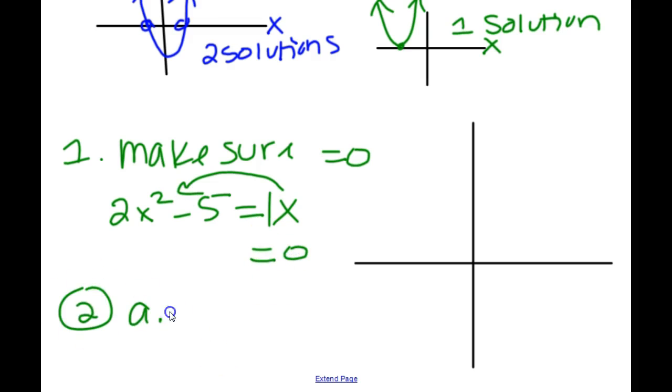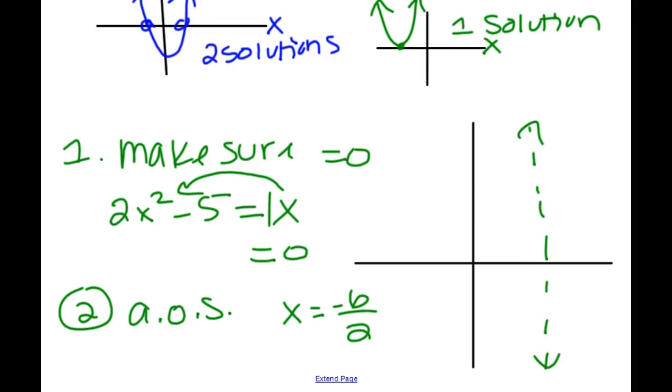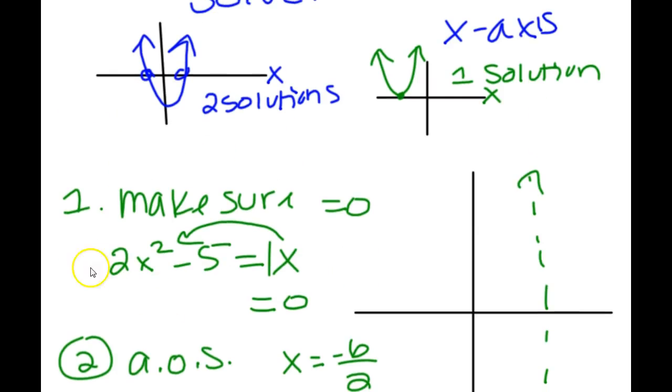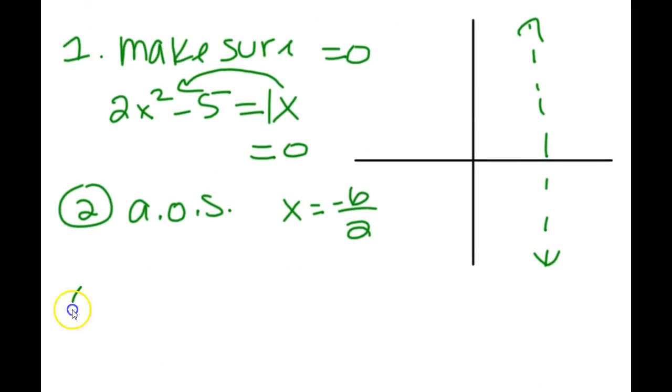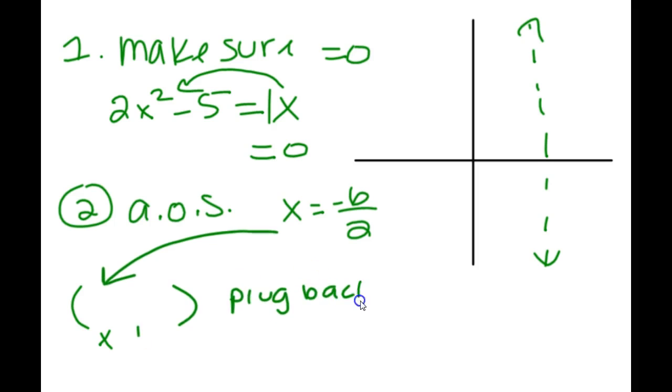Then find your axis of symmetry. Negative b over 2a, and that's your dashed line. Once you find your axis of symmetry, that's your x. That answer goes in for x. Then plug it back in to find y.